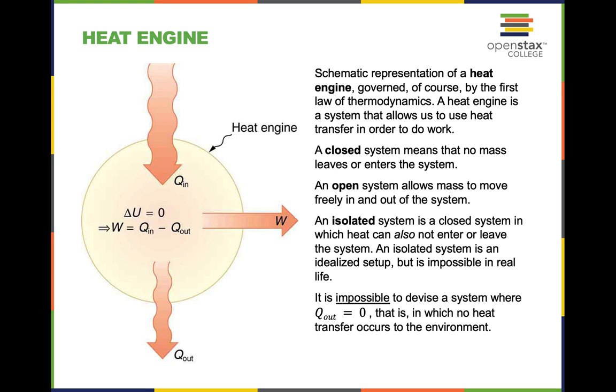An isolated system is a closed system in which heat can also not enter or leave the system. An isolated system is an idealized setup, but it is impossible in real life. It is impossible to devise a system where Q out equals 0, that is, in which no heat transfer occurs to the environment. It is physically impossible to have a perfect engine. That's what that would be called.